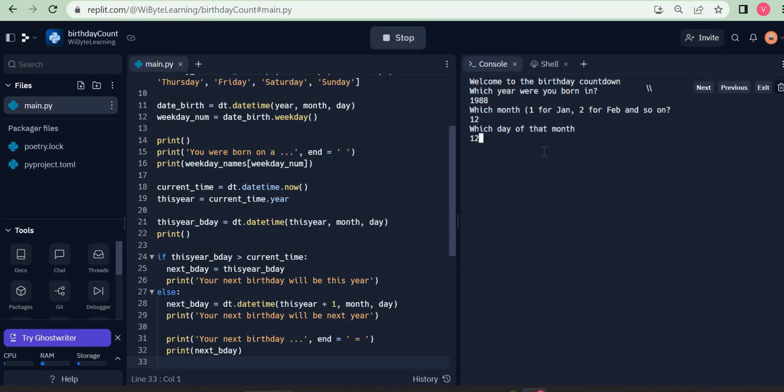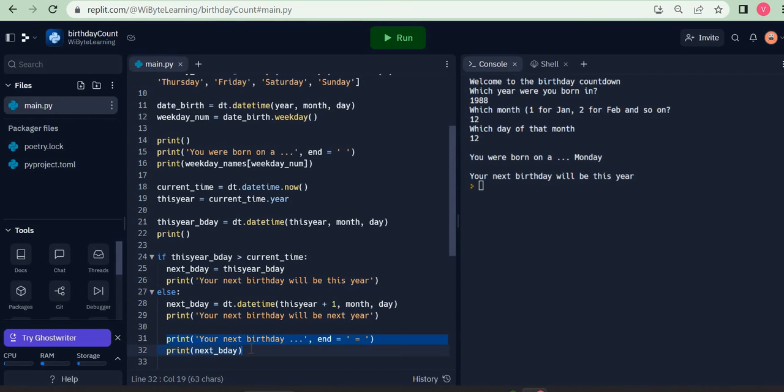Now I know that my next birthday will be this year. So this statement got printed because I came into here, but I did not see my next birthday being printed, which was this statement. The reason is that the interpreter now thinks these statements are lumped along with these statements because of the indentation, and hence will do this only if the else condition comes true.